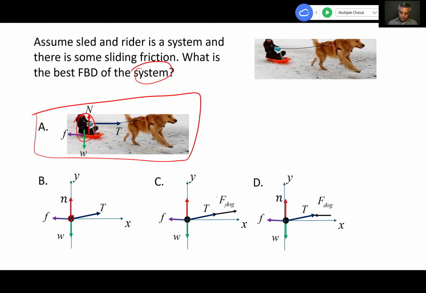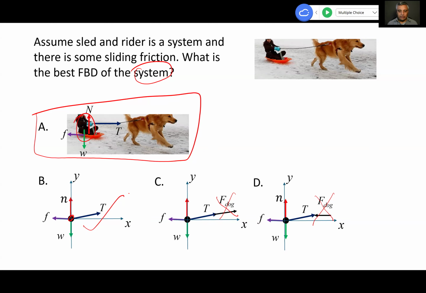So the force from the dog does not belong in the free body diagram. The dog is not touching the sled or the person there. The dog is pulling the rope and the rope is pulling the system here. So that's why only tension goes in the free body diagram, not the force from the dog.